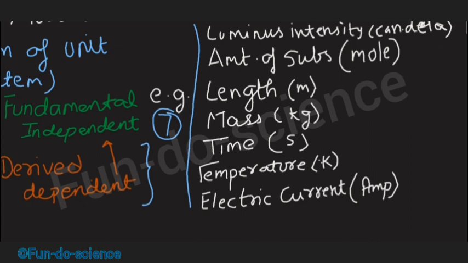Let me explain how. Suppose I want the area of a field. So I have to select one of the fundamental quantities which is defining the area. So I will take length.